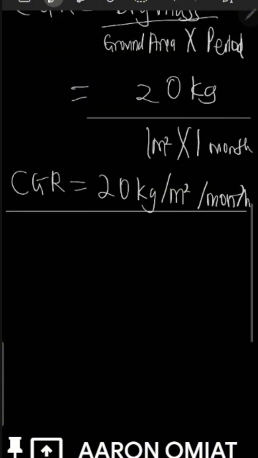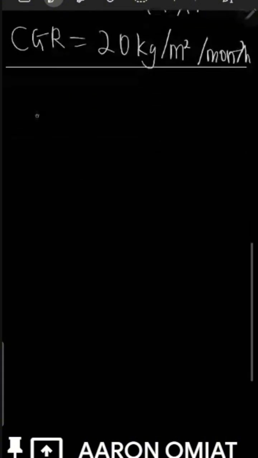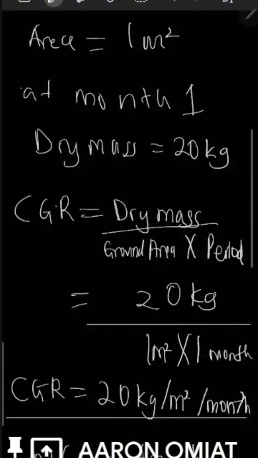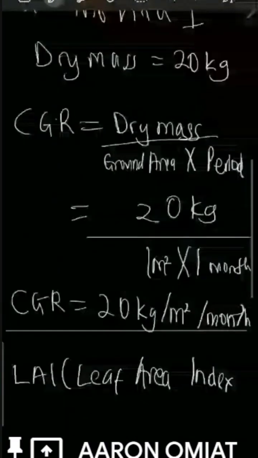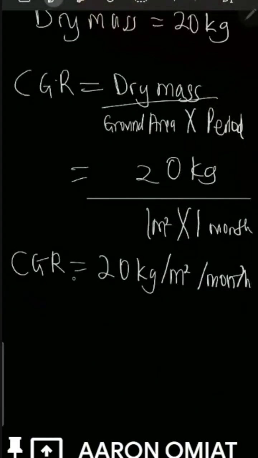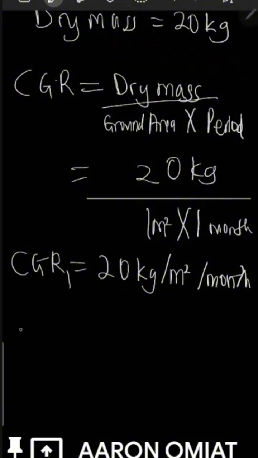Assume we are together. Then let's now have a look at LAI, which is the leaf area index. But before we go to leaf area index, let's first continue with this. So this is CGR at month 1. Now we go and calculate CGR at month 2.